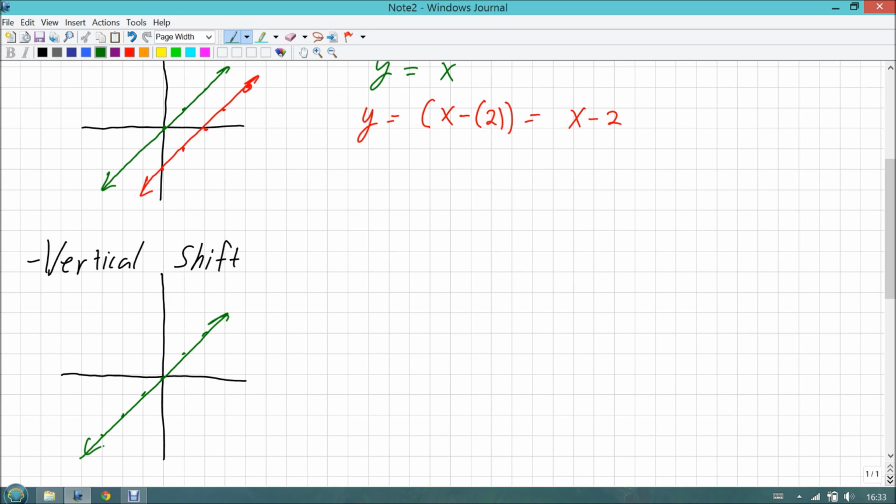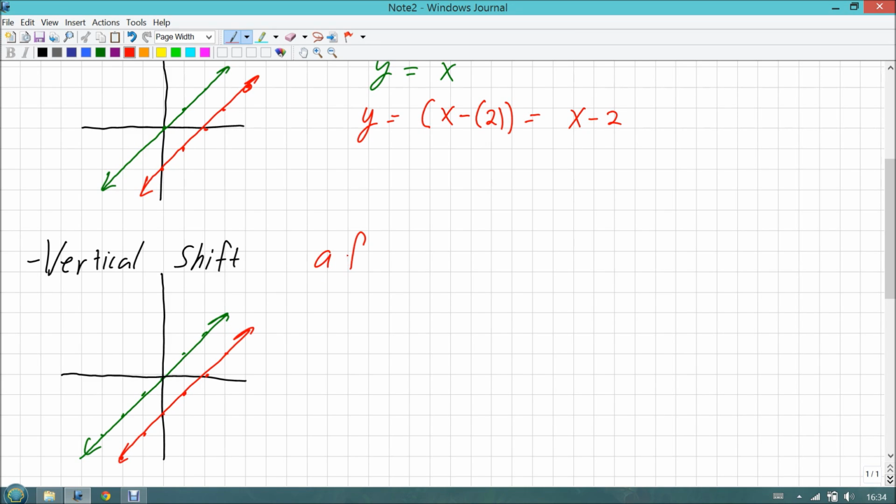And then we have a vertical shift. The vertical shift means that I take all of the points and move them down 2 spaces, so that it would look something like this. Notice how the slope doesn't change. It maintains the same method of movement, it just changes its starting point. So this would be a vertical shift.